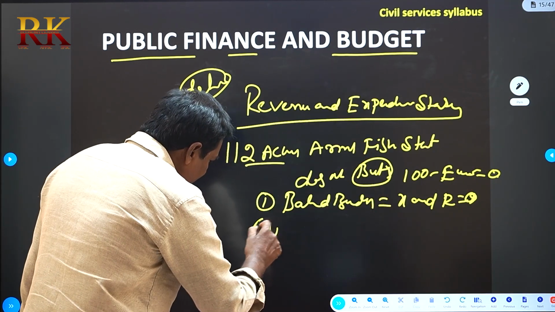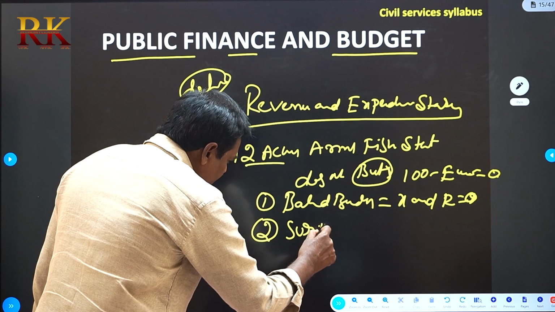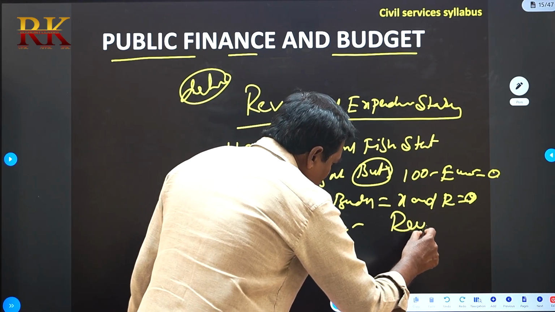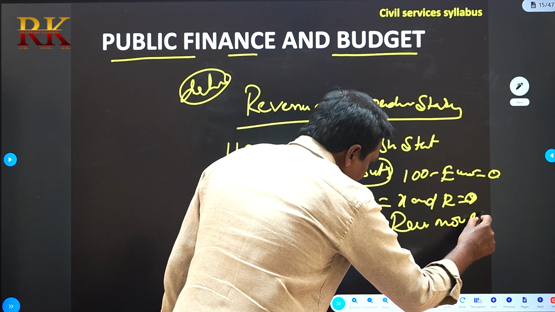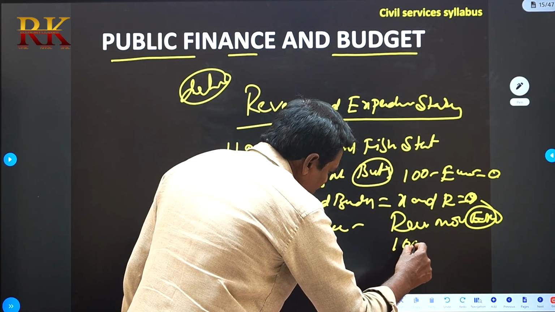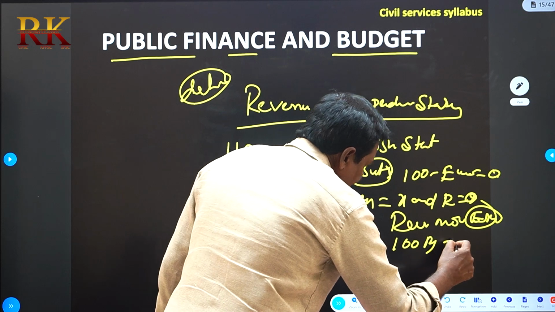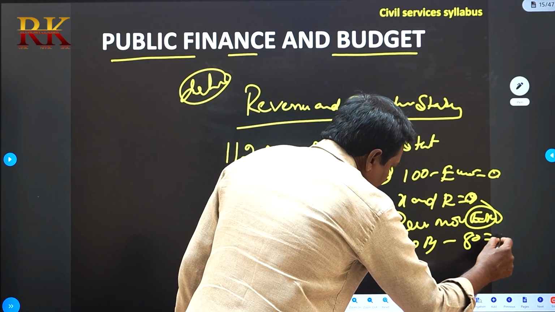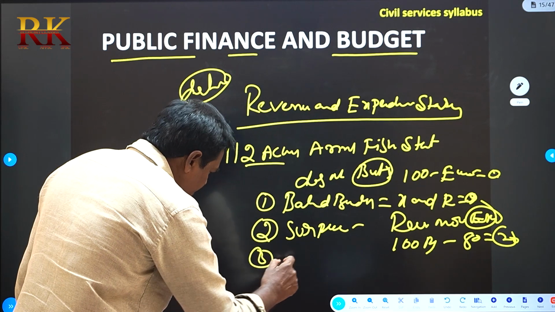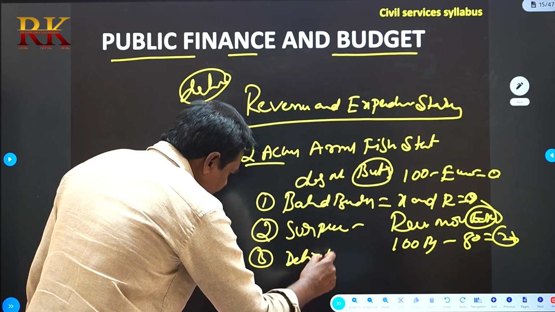Second, surplus budget. Surplus budget means revenue is more than expenditure. For example, government revenue is 100 rupees, expenditure is 80 rupees, and the remaining 20 rupees is the surplus. Third, deficit budget.